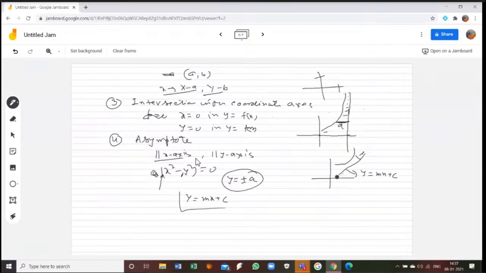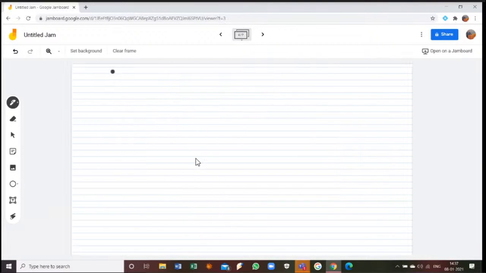You put it in the curve equation and apply this rule again to find the asymptote along this line, and this type of asymptote is said to be the oblique asymptote. This is the rule to find the asymptote, and after that you have to find some critical points.